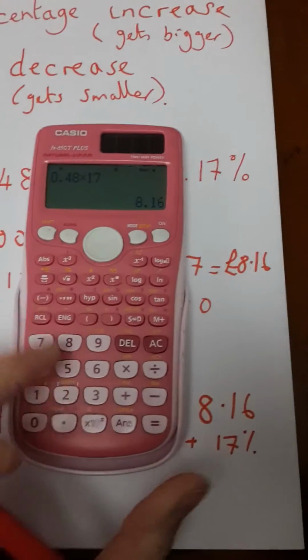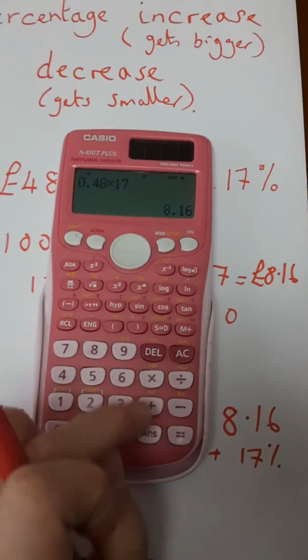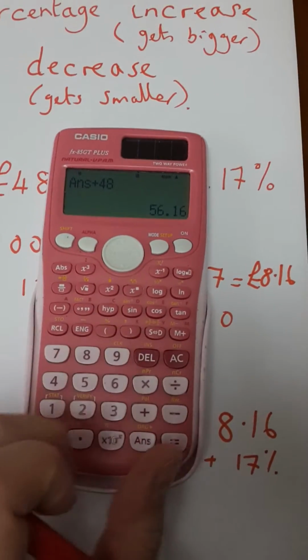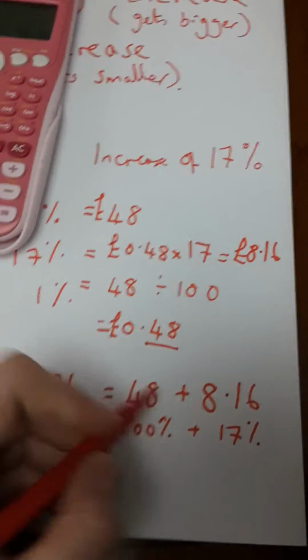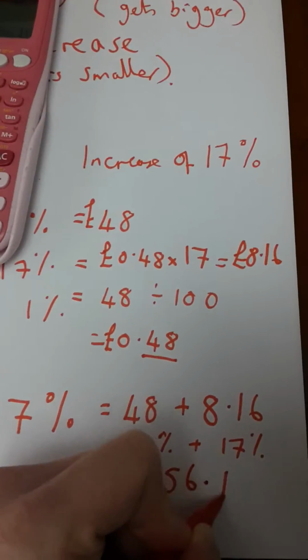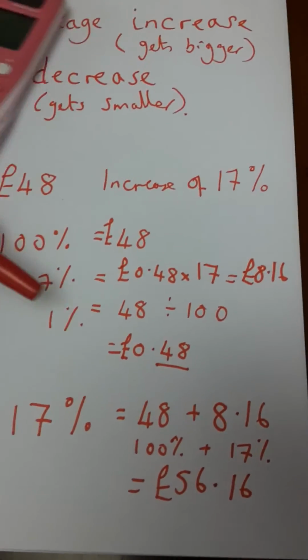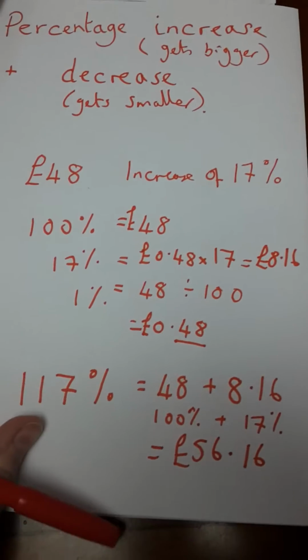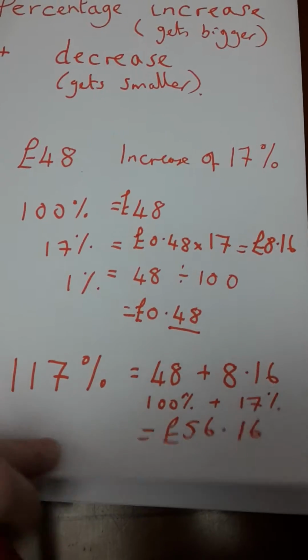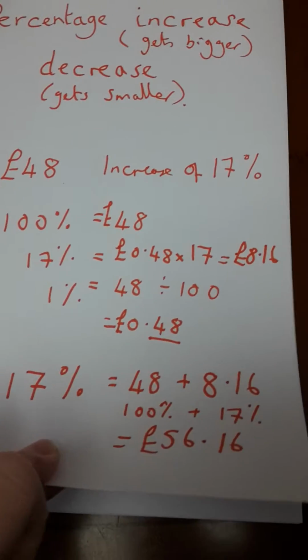So 48 added to our 8.16 equals £56.16. Now what I'm going to do is show you a much easier way to do this. It's a lot faster and more accurate.